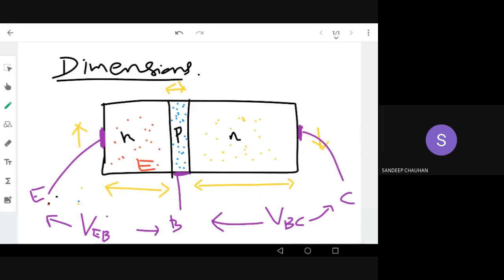And if there's a voltage across the emitter and collector, we can say VEC, right, or VCE, based on the terminal which we take initially as positive and whatever, right? So these are the different terminologies which we'll be using: voltage across emitter and base VEB, voltage across base and collector VBC, voltage across emitter and collector VEC, right? Okay.